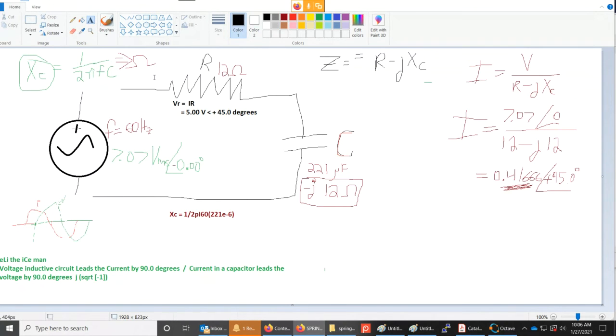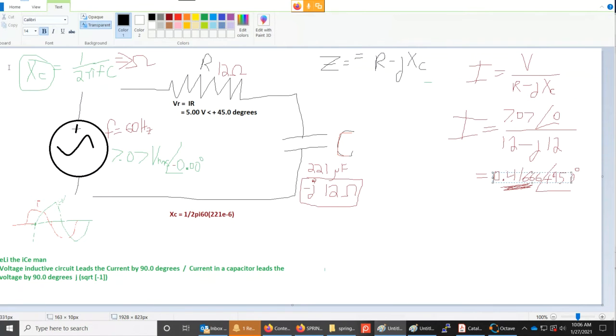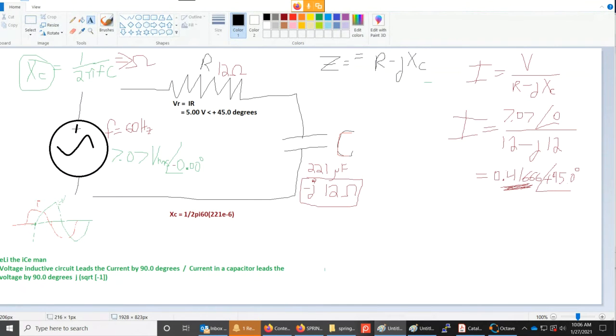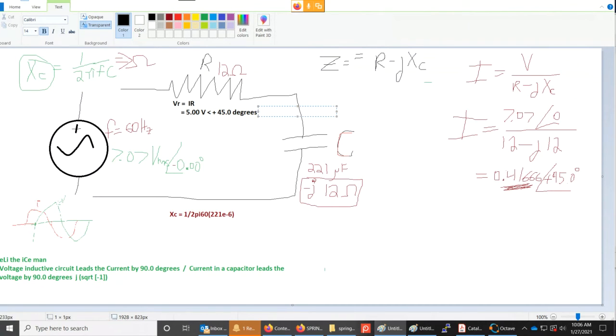You could take the 0.4166, multiply it by the 12, and that'll give you the 5 volts, and then you have to calculate the angle.